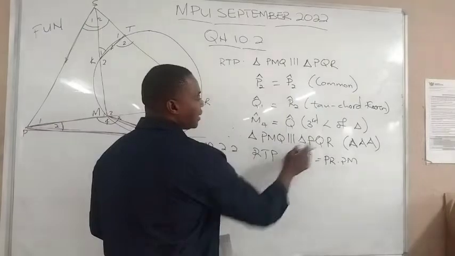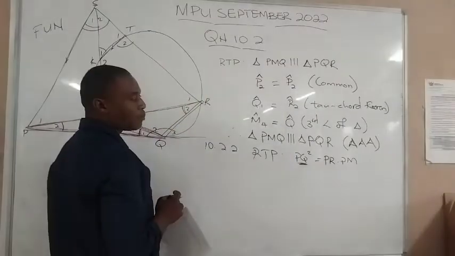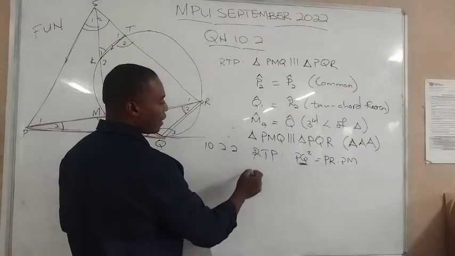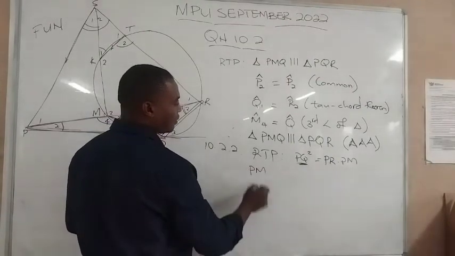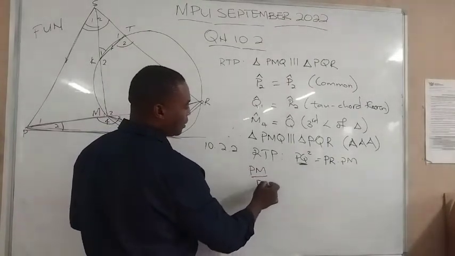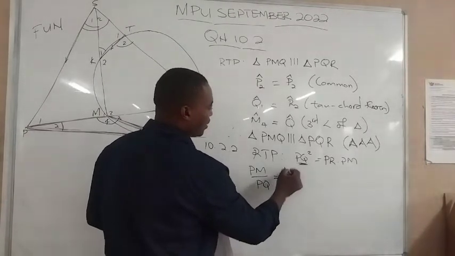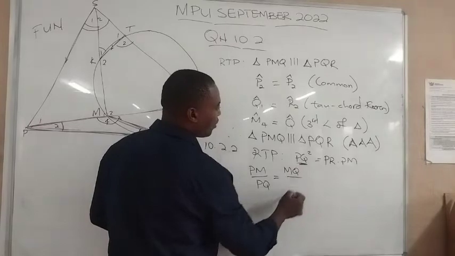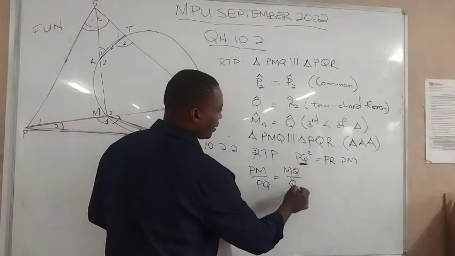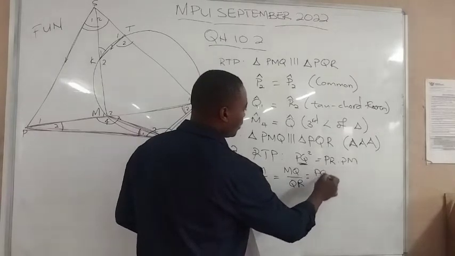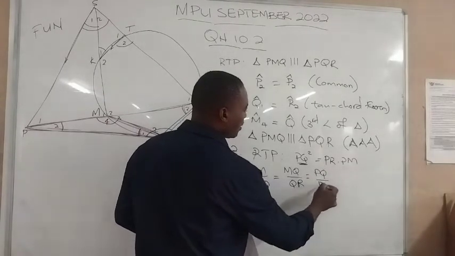So let's establish the sides that are in proportion from the similar triangles that we are having here. PM over PQ is equal to MQ over QR, which is equal to PQ over PR.